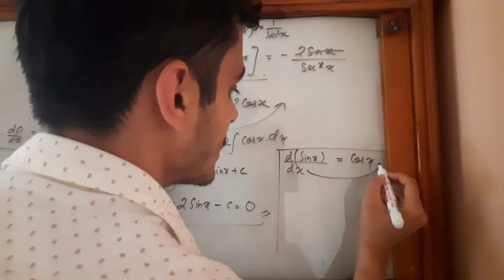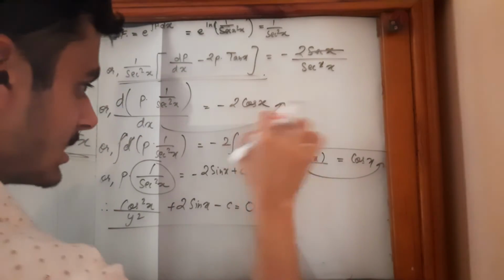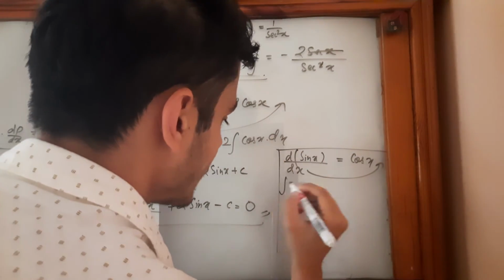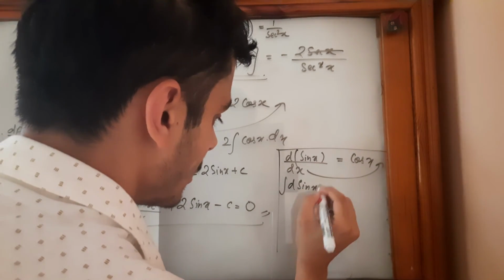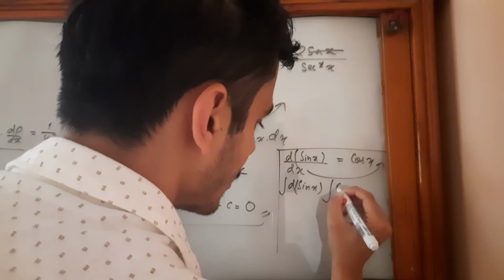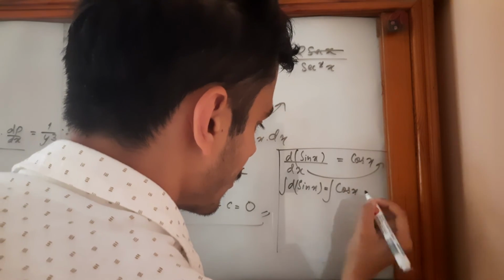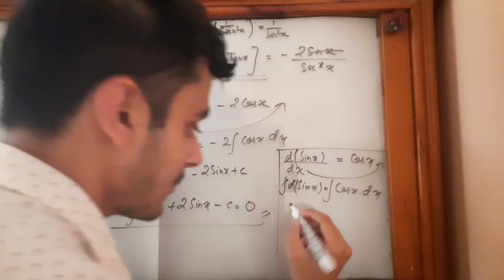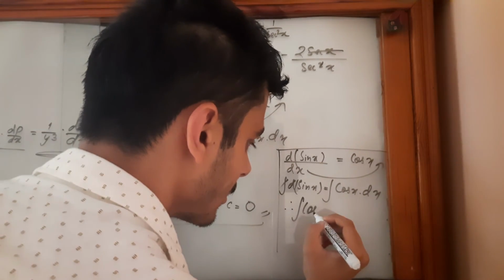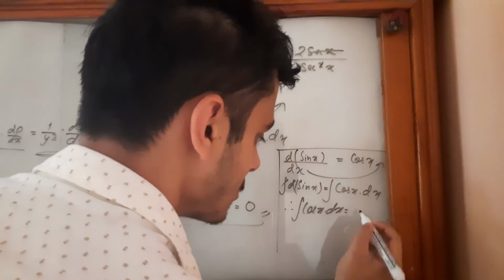Then let's send this dx over here just the way we sent it over there, and let's integrate both the sides like the way we did here. It cancels each other's effect, is equal to sine x.